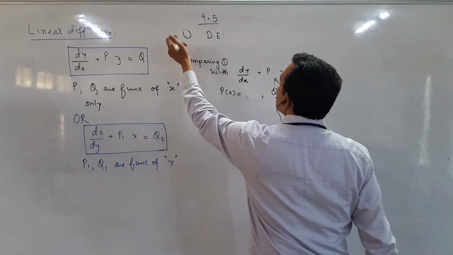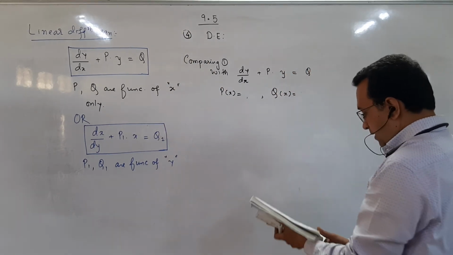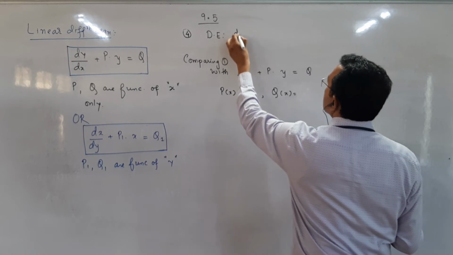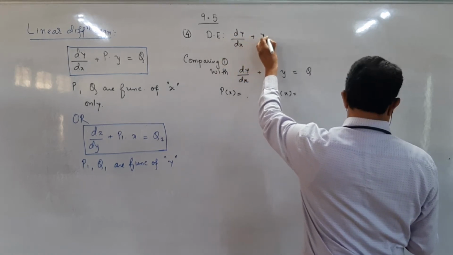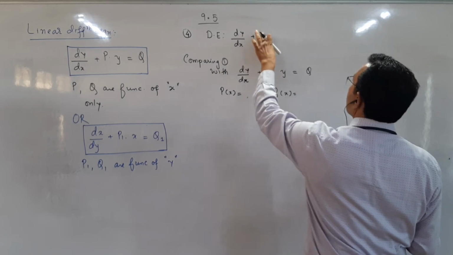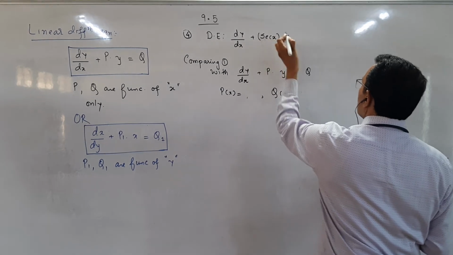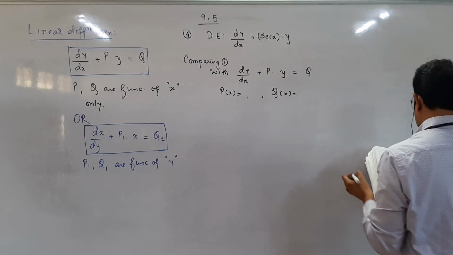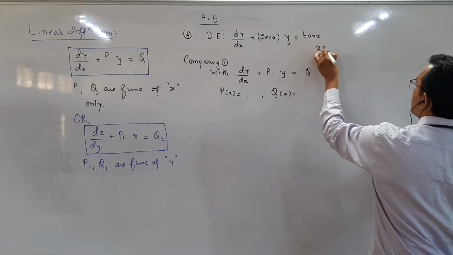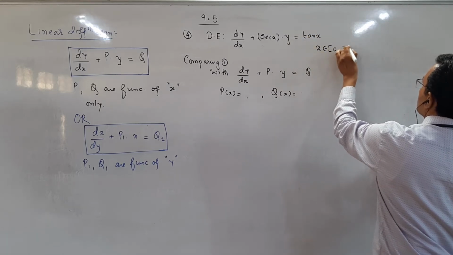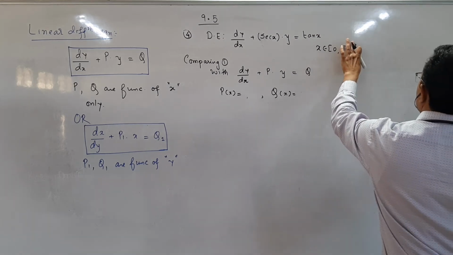Now students, we are doing sum number 4. dy by dx plus sec x into y is equal to tan x. And x is in the first quadrant, the interval from 0 to pi by 2.